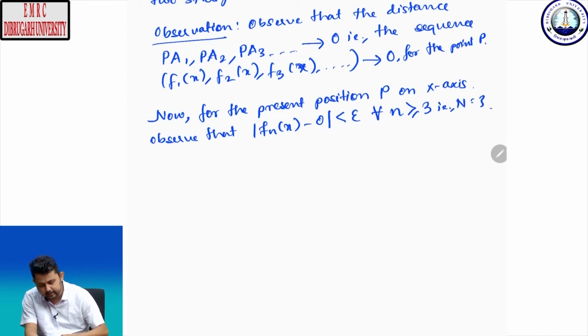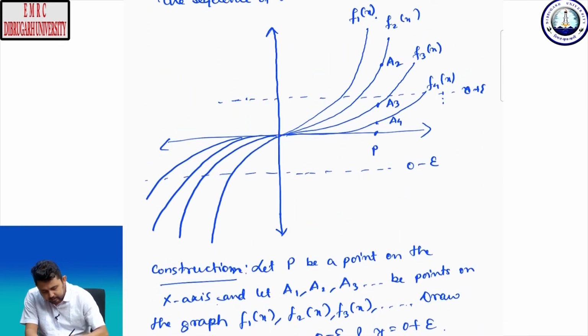If we look at the graph, all the fn x minus 0, the limit function, this is our limit function. So, the distance between them is less than epsilon only after the third term of the sequence of functions, right.